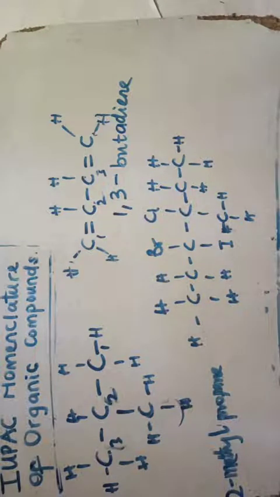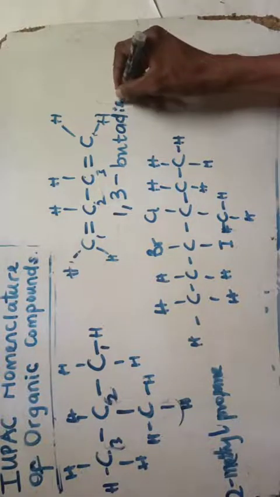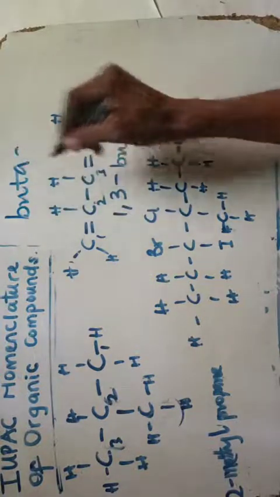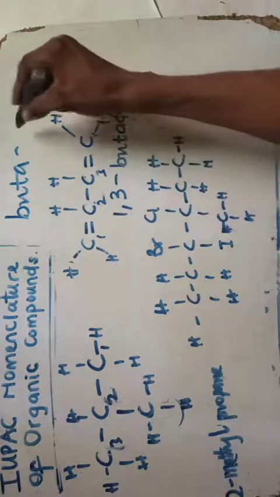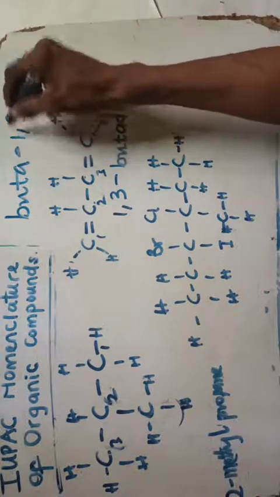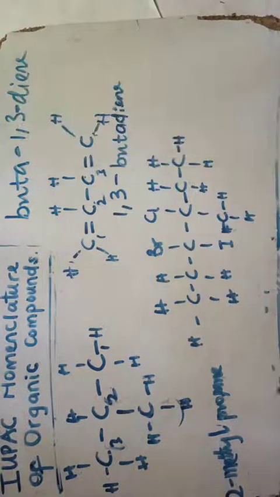Or in another, more preferred way, let me write it up there. You can just say buta-1,3-diene. You see? Each way is correct, but the comma must be there and the hyphen must be appropriately placed.